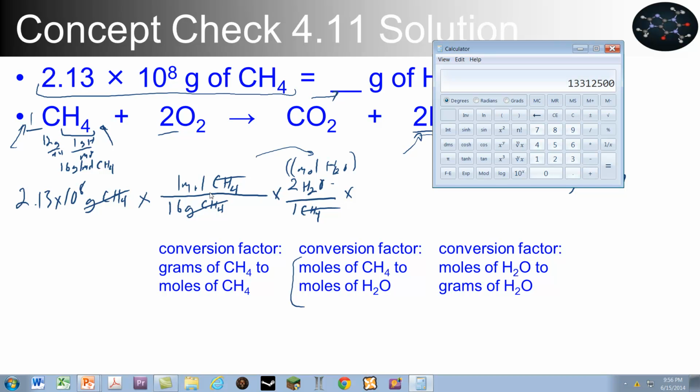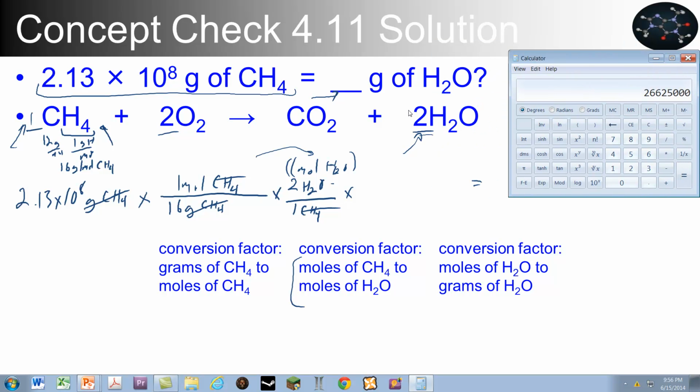So that's right here. Now we multiply that by 2 because there's twice as much water as methane. According to what? According to our balanced chemical equation. Yes, we have about 26 million or so moles of water.